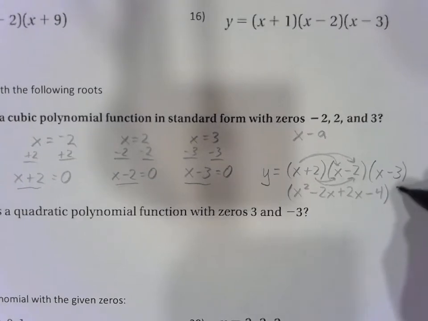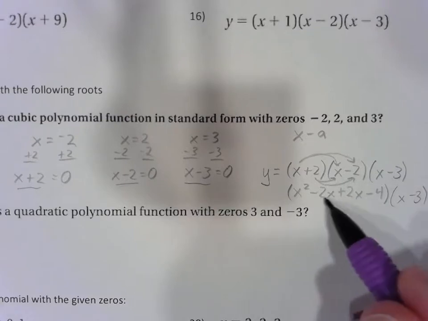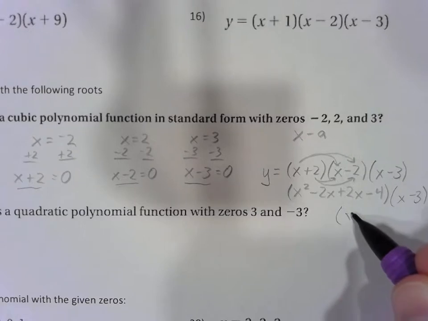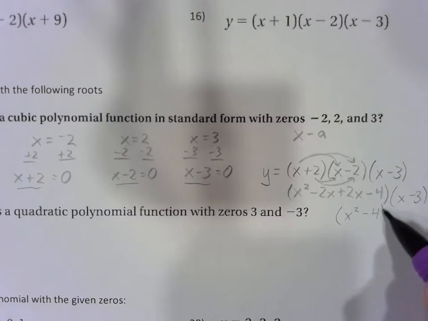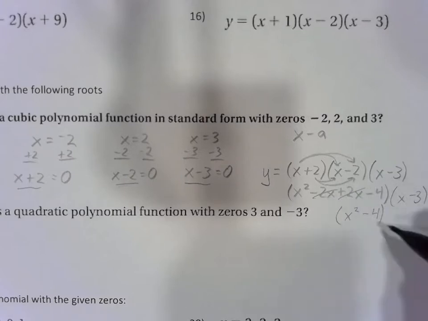I still have my x minus 3. Now minus 2x and plus 2x, those two cancel each other out. They're like terms. Negative 2 plus 2 is 0. So this simplifies to x squared minus 4.